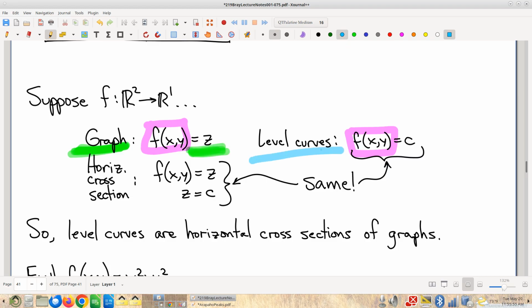We form level sets, level curves in this case, by setting the value equal to a constant. We get different equations. Same function. Different constructions give us different equations and different resulting pictures to describe the same function. Everybody happy?